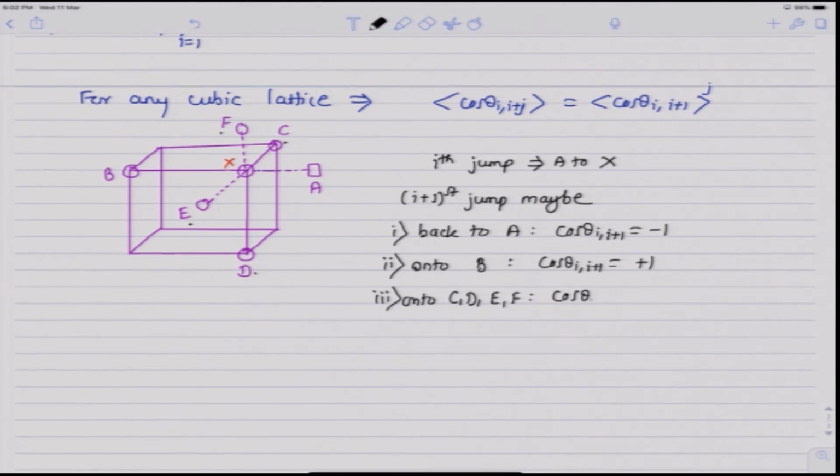for all of which cos theta I plus 1 would be 0, because these jump vectors would make an angle of 90 degrees with the first jump vector A x bar.